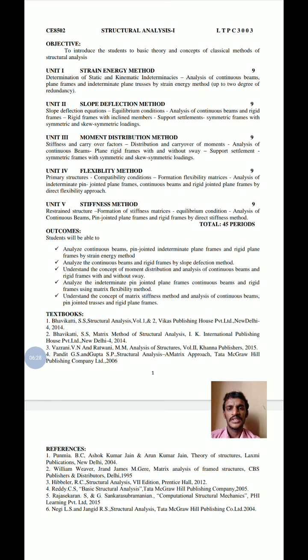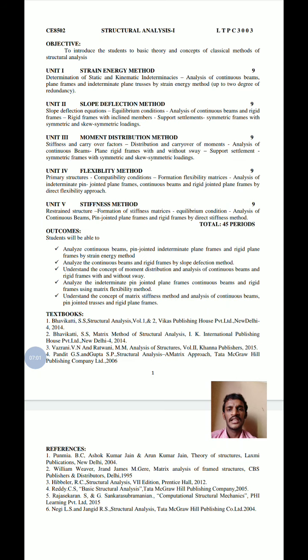Unit 4, flexibility method. The flexibility method may be asked as the force method or the compatibility method, because in this concept the forces of the members are treated as unknown, and compatibility conditions are used for calculation of moment values as well as member force values. Therefore, this method may be asked as the force method or compatibility method.